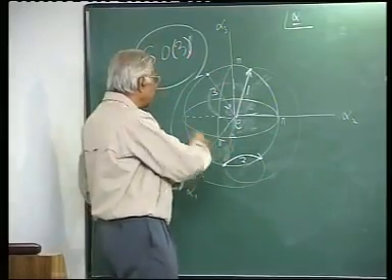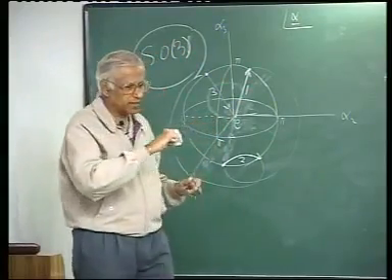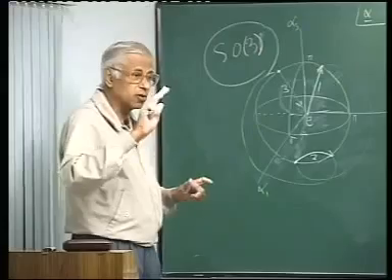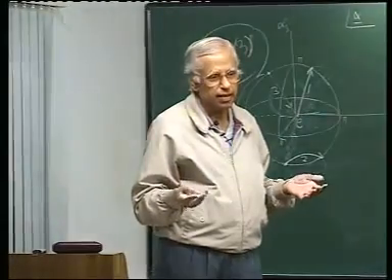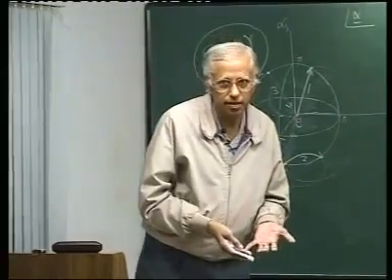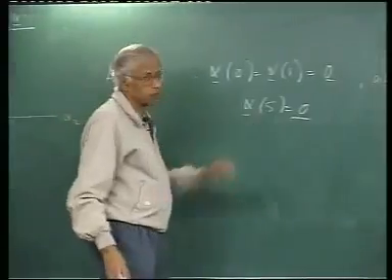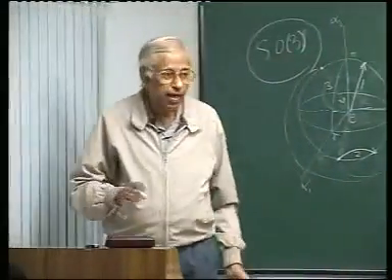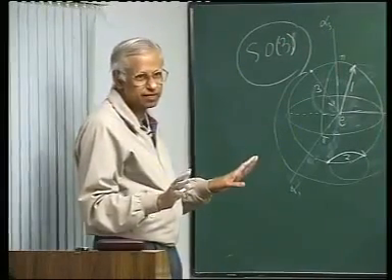So a closed loop starting and ending at the identity, which exploits the identification of opposite points 2 times or any even number of times, they are all equivalent to one another. They are all equivalent to the trivial loop. Any loop which uses this rule an odd number of times, they are in a class by themselves.